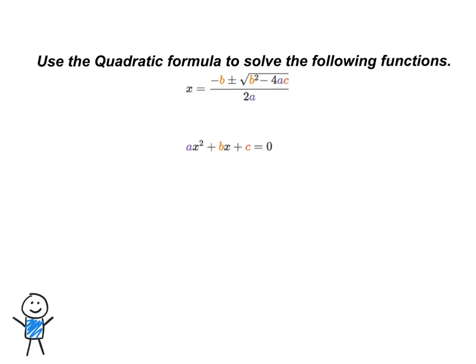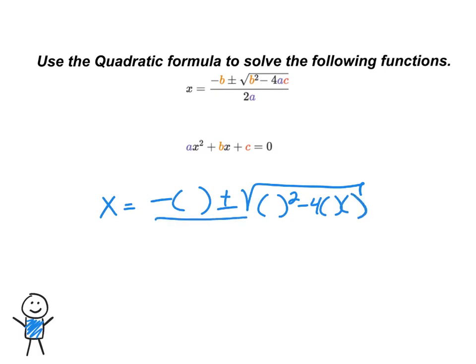So to find our solutions to this quadratic function, we're going to do negative b plus or minus the square root of b squared minus 4 times a times c, all divided by 2 times a.